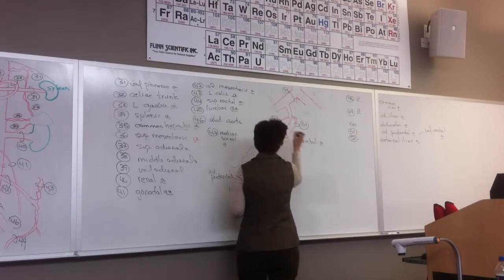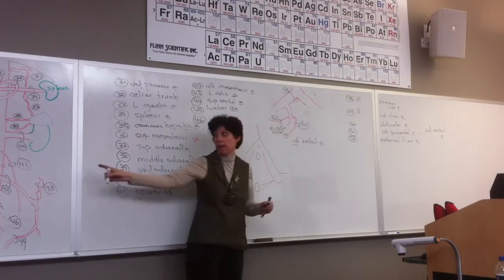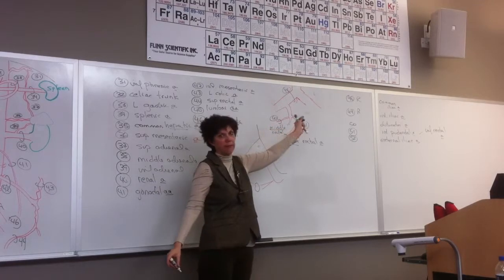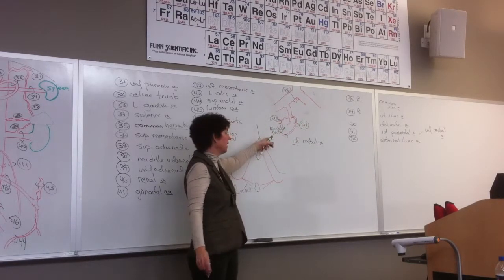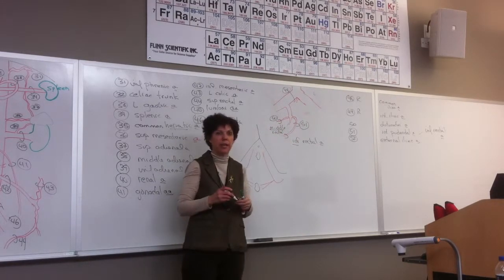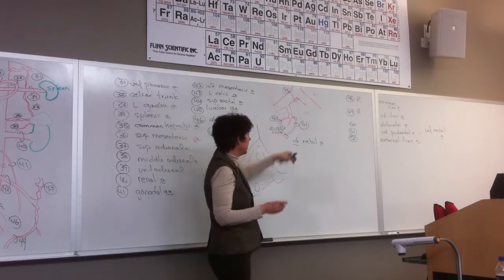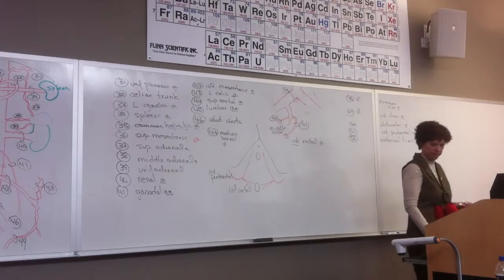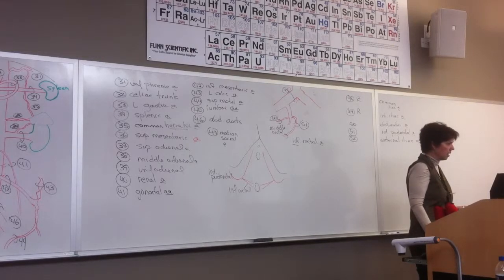So we have three rectal vessels: superior coming off of the inferior mesenteric, middle rectal coming directly off of internal iliac, and inferior rectal coming off directly from internal pudendal. So let me show you those first, and then we'll go back and look at the intestinal organs.